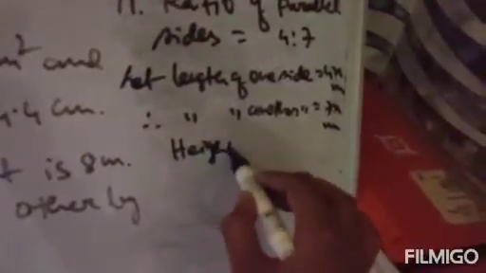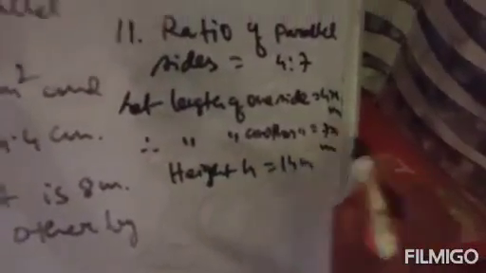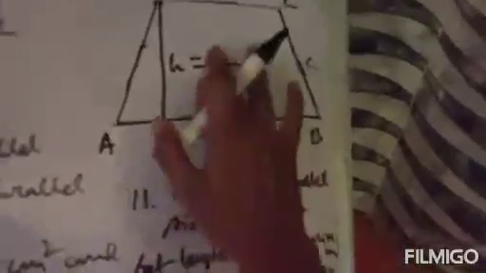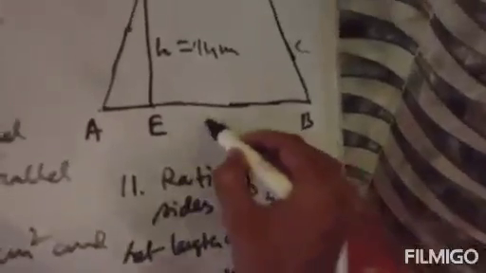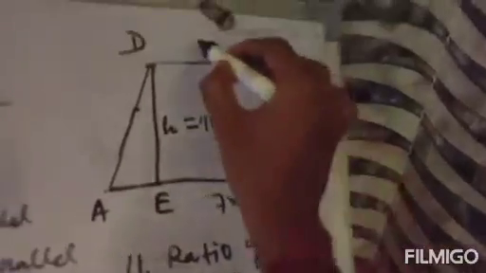Clear? And the height of the trapezium is given as 14 meters, and its area is also given. So height h equals 14 meters. One of the sides is 4x and the other side is 7x, which is longer in length.